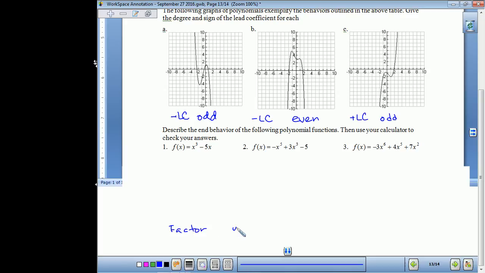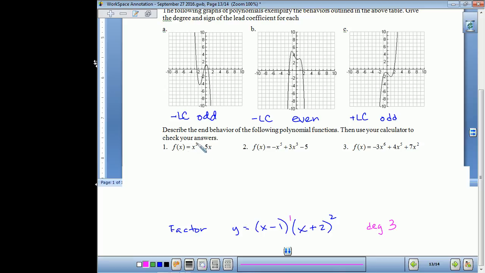And when they were in factored form like this, x minus 1 times x plus 2 squared, we would add up the exponents and we would say, ooh, this one has a degree of 3. But these are not in factored form. These are in standard form. If we started in factored form, they've expanded it out and combined like terms.